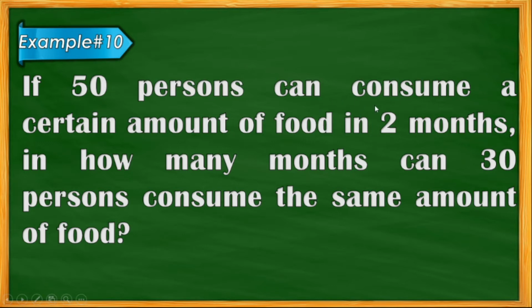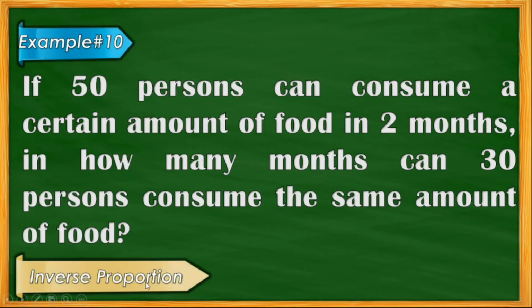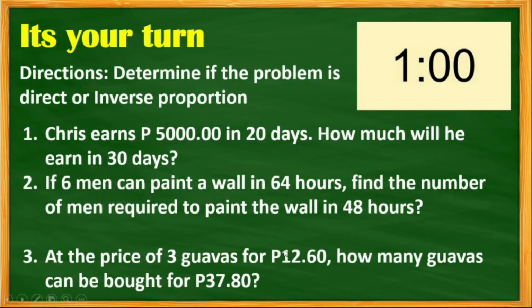If the problem involves consumption, it is an inverse proportion because 50 is to 2, then 30 is to unknown. Now, it is increasing to decreasing. So, inversely proportional.